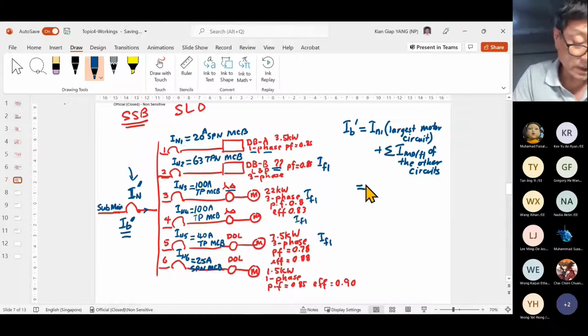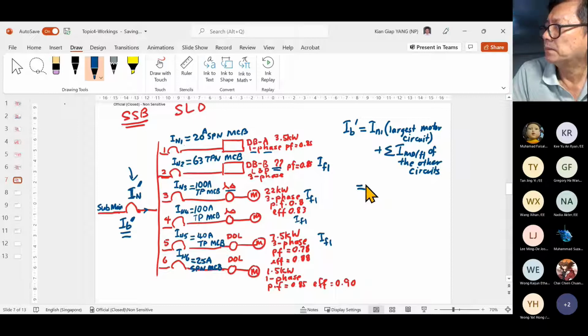So if I put that into numbers, which of these circuits is the largest motor circuit? Is it circuit number 1, 2, 3, 4, 5, or 6? Hello?